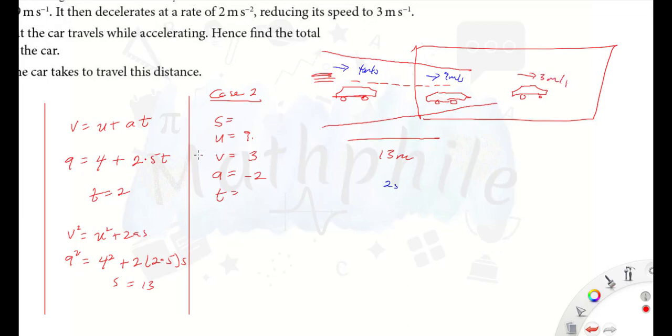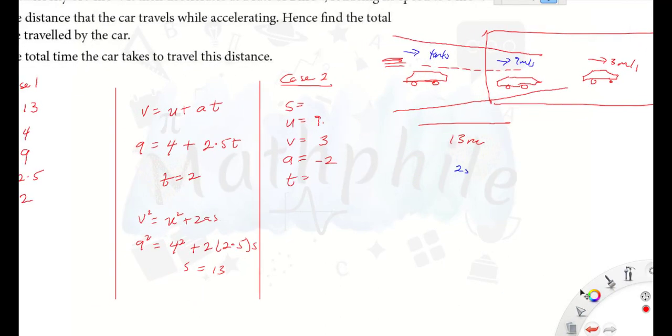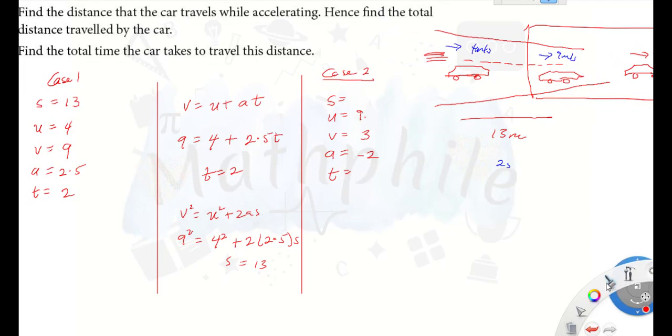So go ahead and find the T and S for me, please. Again, I think you can use v equals u plus at. So 3 is equal to 9 plus negative 2t.